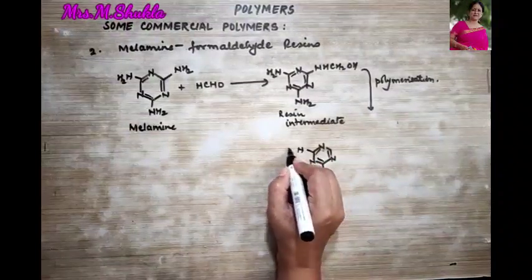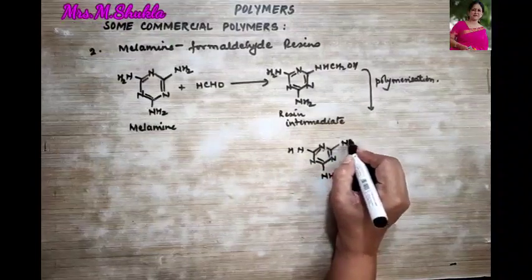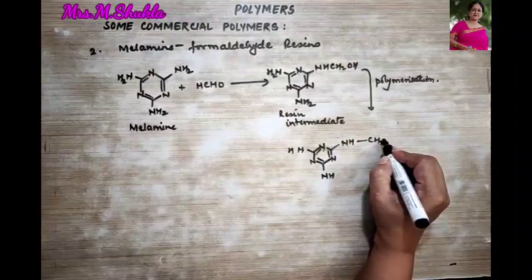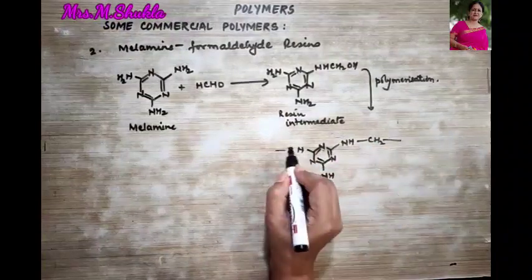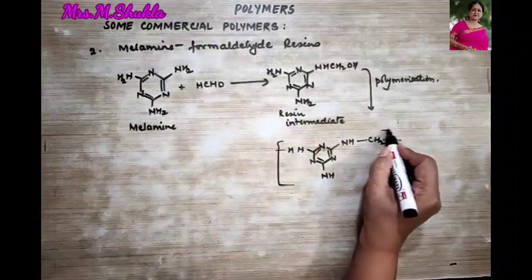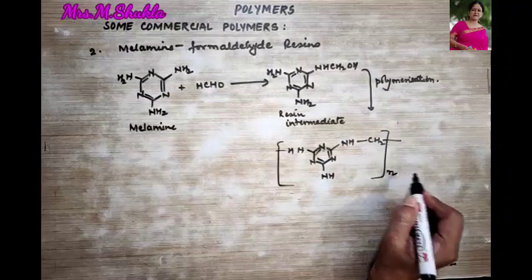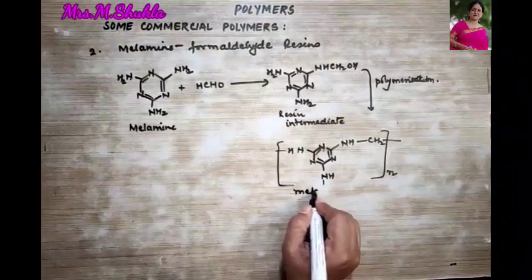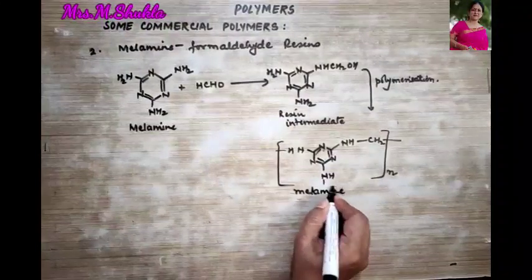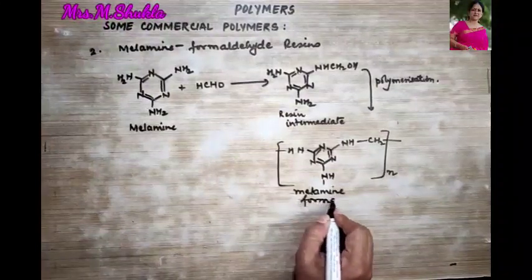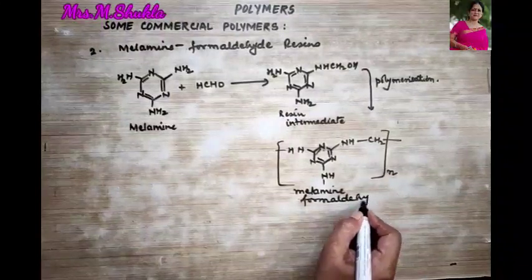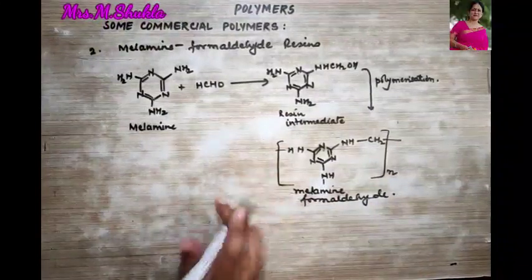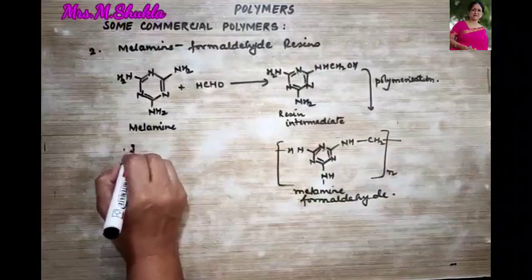This is NH, NH, CH2. So this is what? This is your melamine formaldehyde. Clear? So it is also your thermosetting polymer.